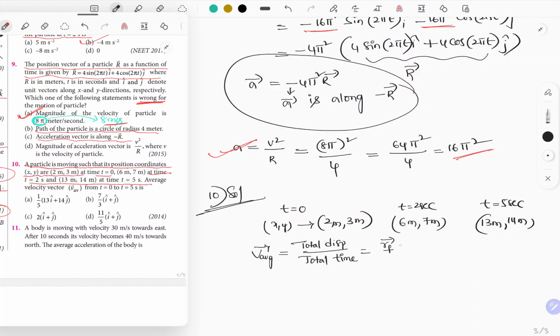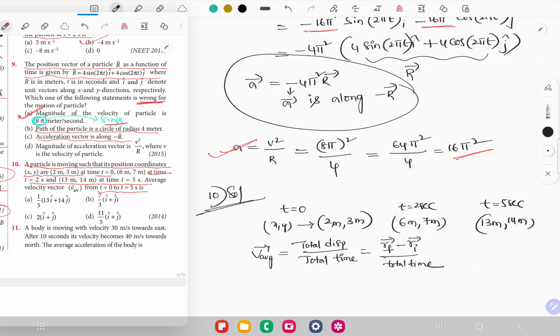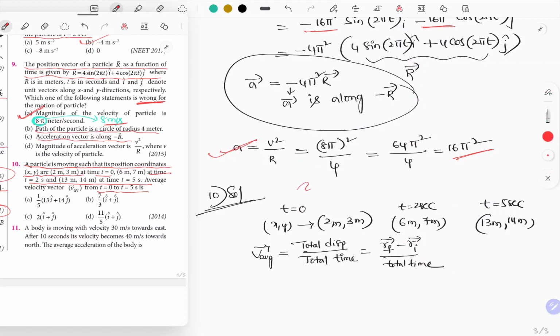It is represented as r final minus r initial divided by total time. Now from where to where are they asking? From 0 to 5 seconds. That means t is equal to 0 is going to be the initial position and this is going to be the final position.